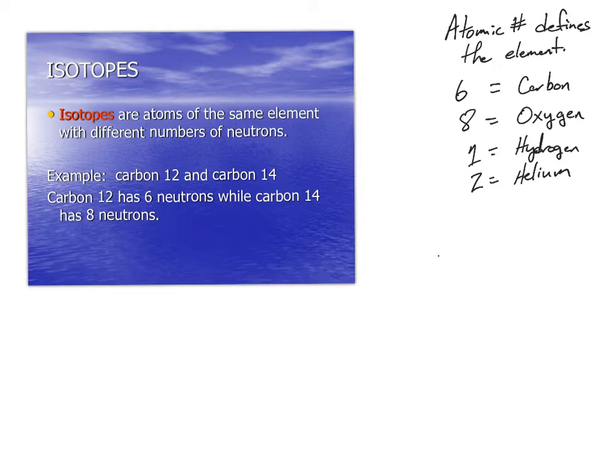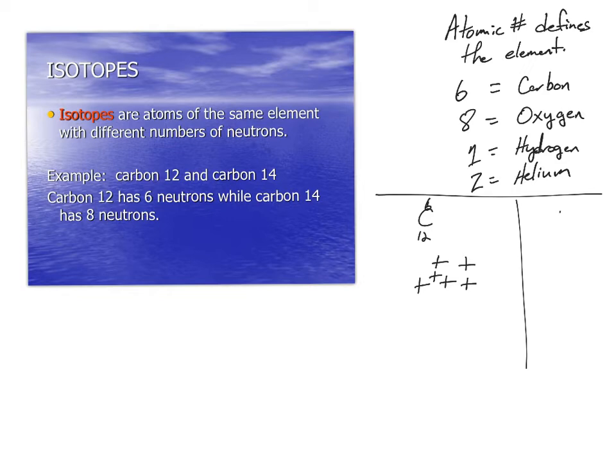It turns out, remembering that when you have a number of protons, let's say carbon has 6 protons, there they are. But then normally carbon has a mass of 12, so this is carbon 12.